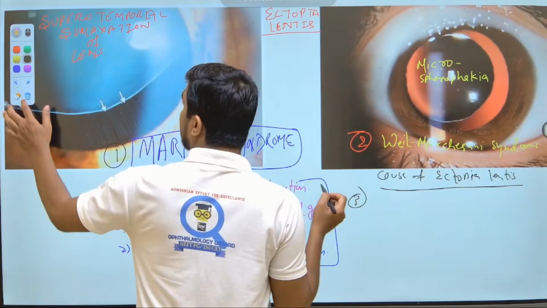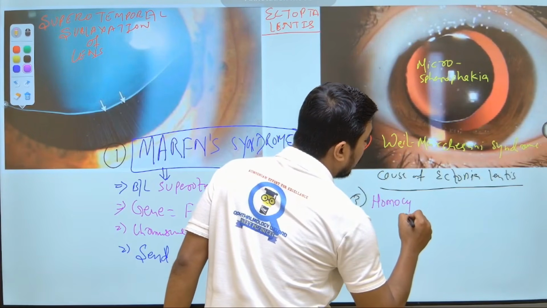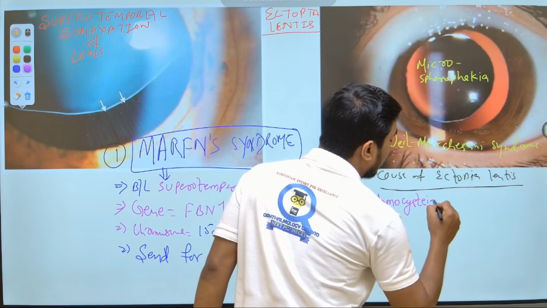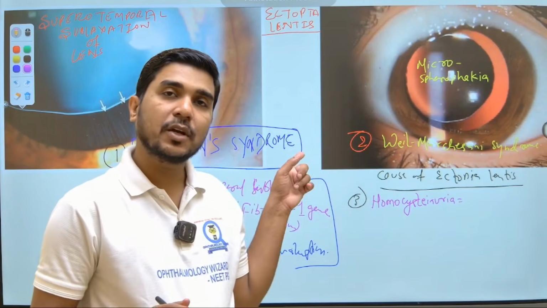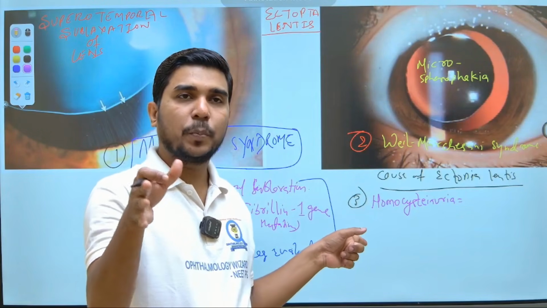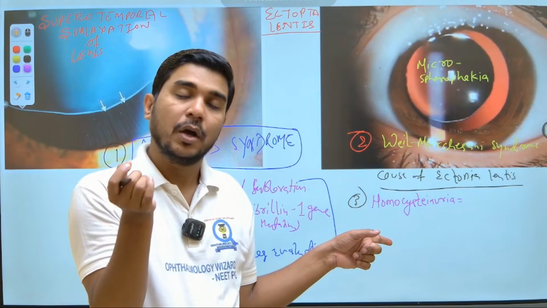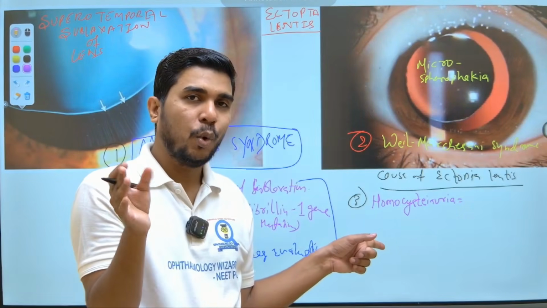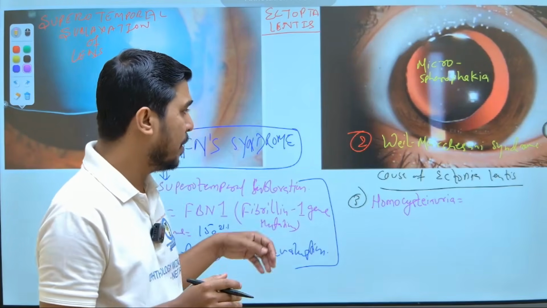This is nothing but homocystinuria. So many times questions have been asked on homocystinuria. A patient with ectopia lentis comes with a mental disorder, something like this, and they will ask what type of supplement you will provide. So we have to remember.